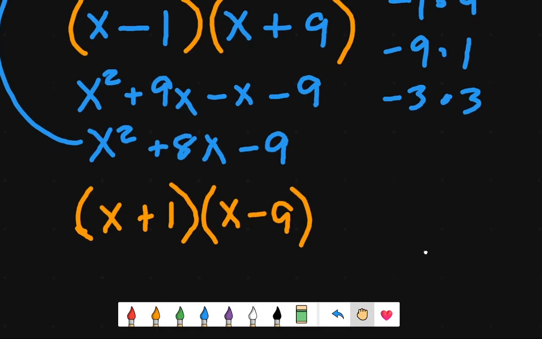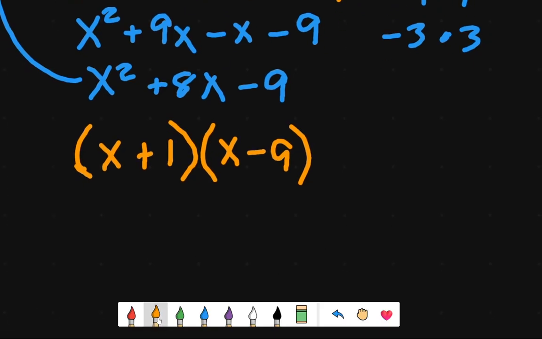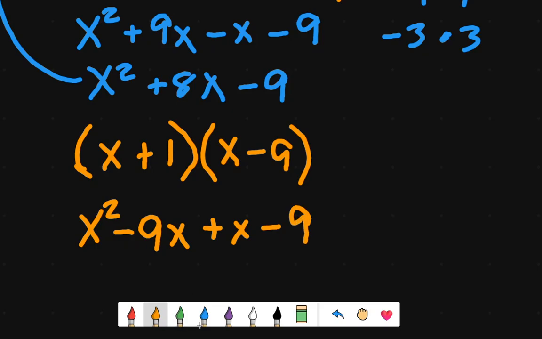Let's check and see. We have x times x, which is x squared. Outer would be x times a negative 9, which is a negative 9x. And then 1 times x will give us a positive 1x. And then 1 times a negative 9 will give us a negative 9. Let's combine like terms together.